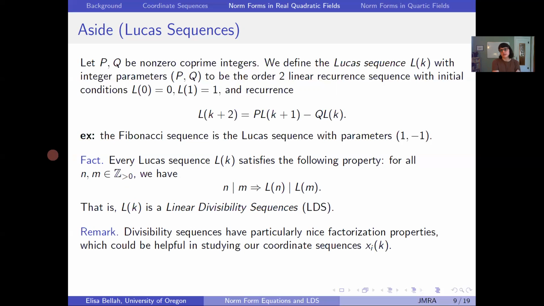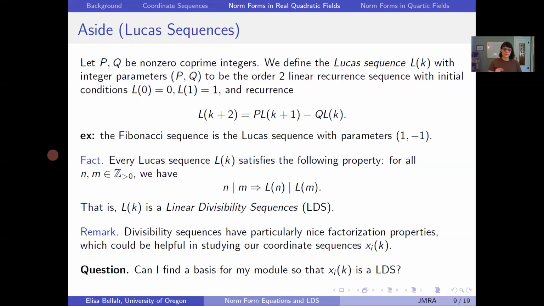And this property turns out to be really nice. Divisibility sequences have been widely studied, primarily because they have very nice factorization properties. And so if I'm interested in studying maybe the arithmetic of these coordinate sequences, this would be a really nice starting property to have.